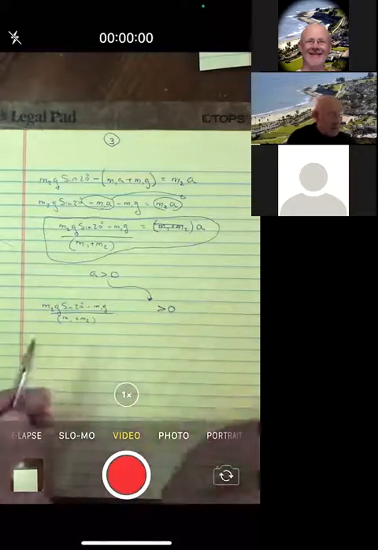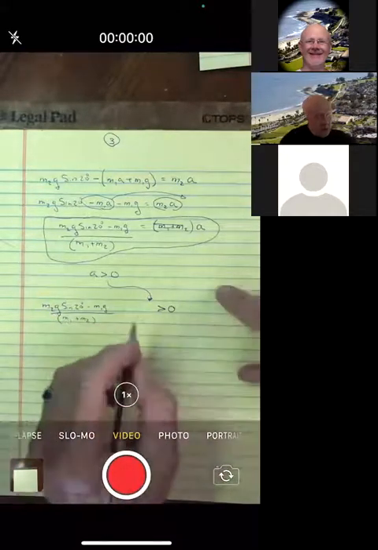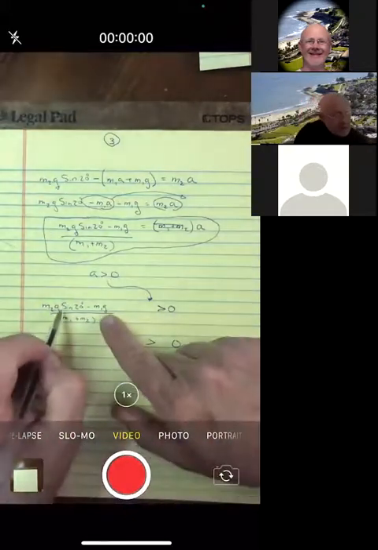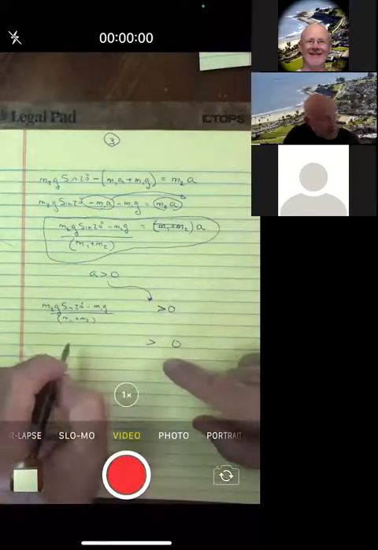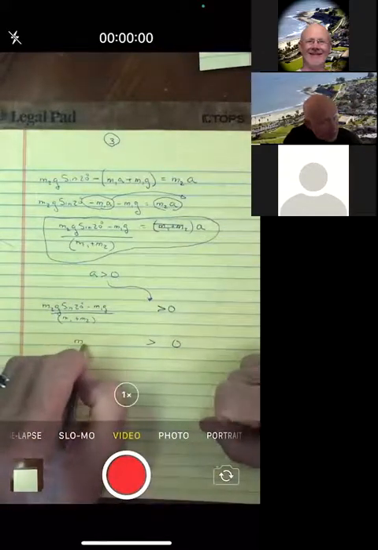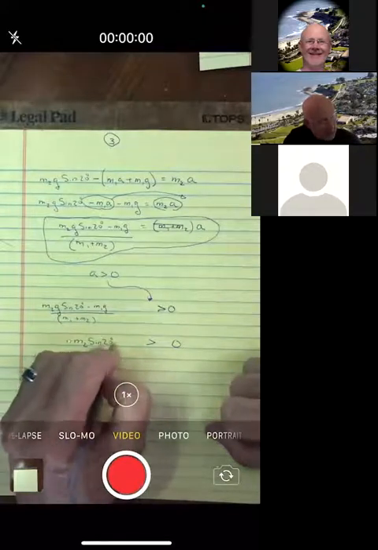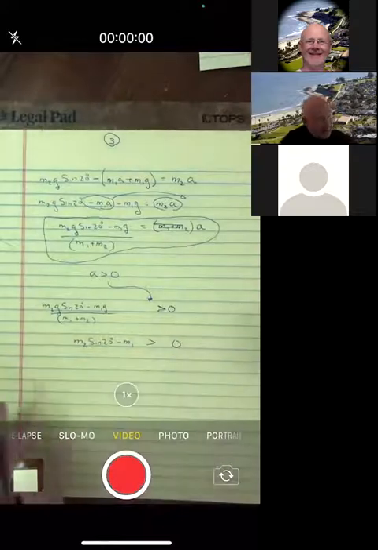And so if we begin to solve, we can bring the M1 plus M2 to the other side. And so we would have 0 plus that, so we'd still get 0. We can even factor out a G and divide by G, we'd still get 0. And so we would be left with M2 sine of 20 degrees minus M1 needs to be greater than 0.